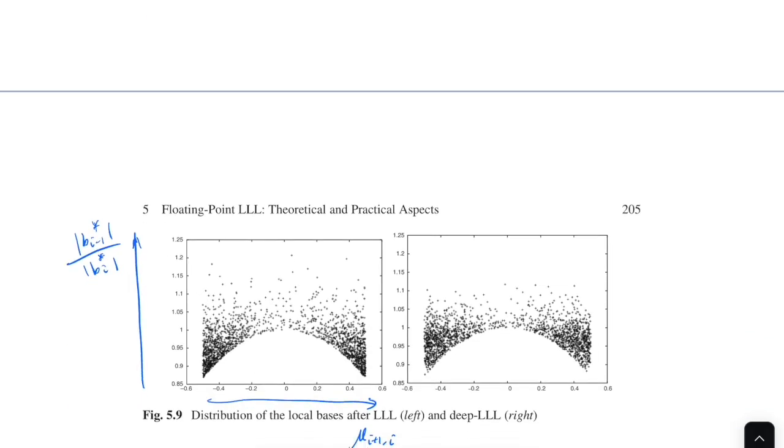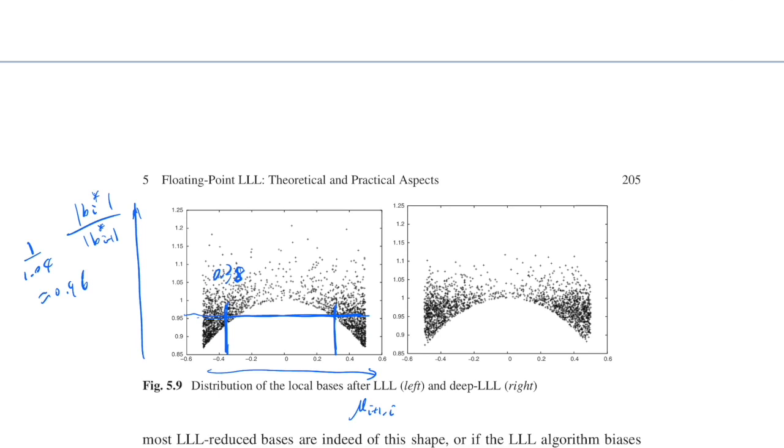Oh sorry, it's the other way around. Here is b i divided by b i minus 1. So this is going to be 1 over 1.04, which is roughly 0.96. So 0.96 is going to be the mean value, and for the absolute value, 0.38 is the mean value of these GS coefficients. This is what it looks like empirically.